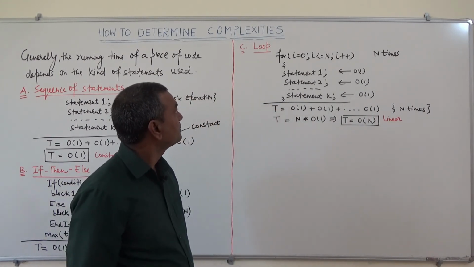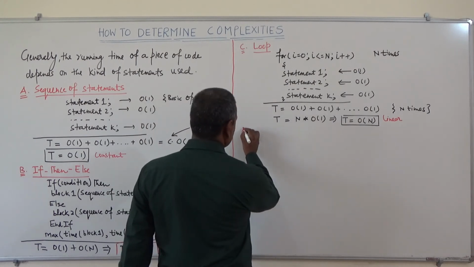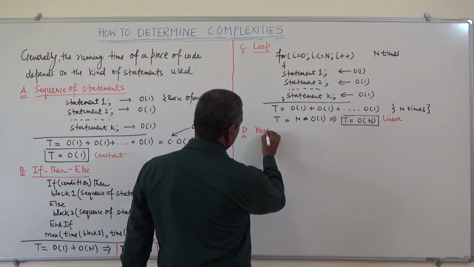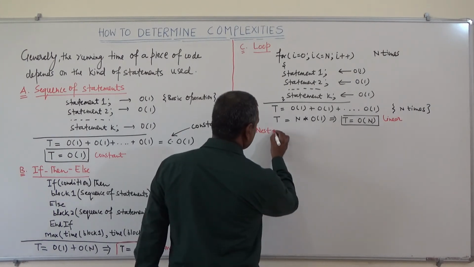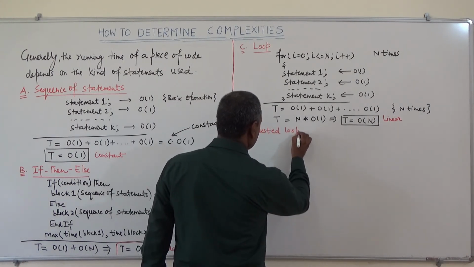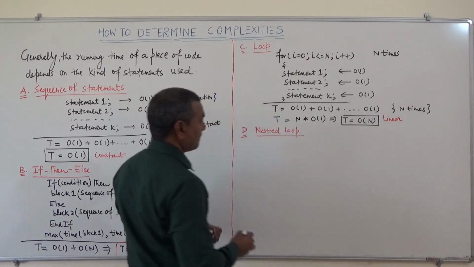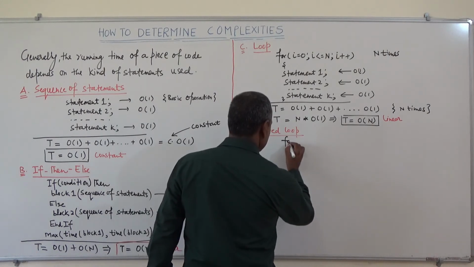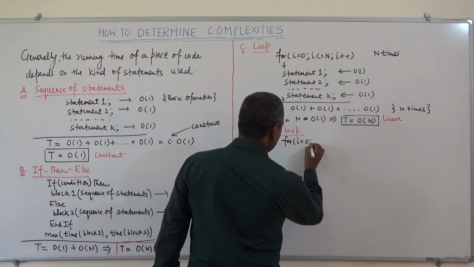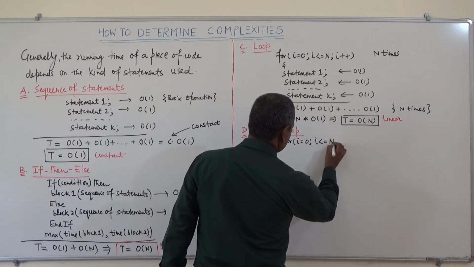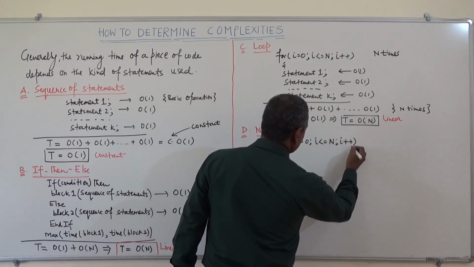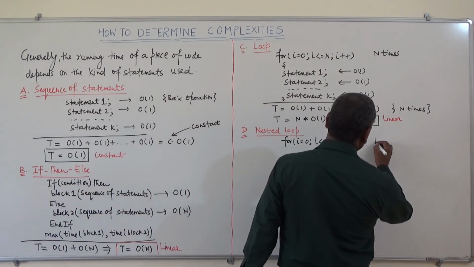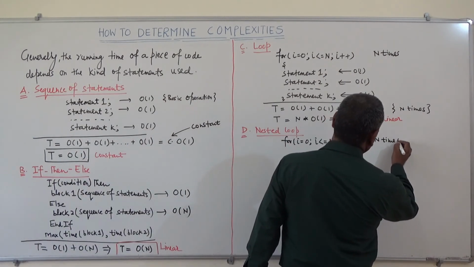Now the fourth category is, let us say this is D. If a statement is containing nested loops. Suppose it is containing i equals to 0, i less than equals to n, i plus plus, this is one loop and this will run n times.